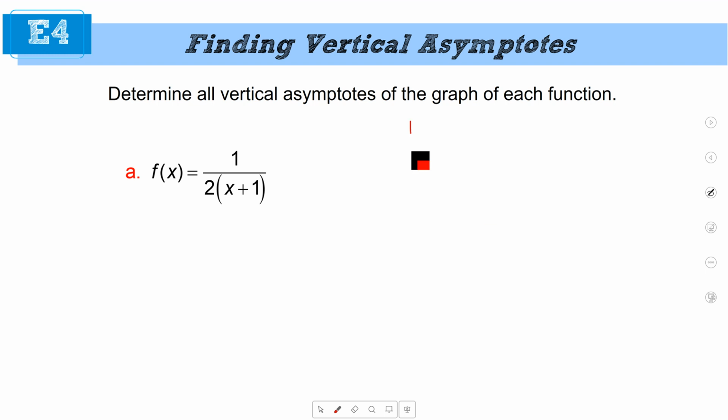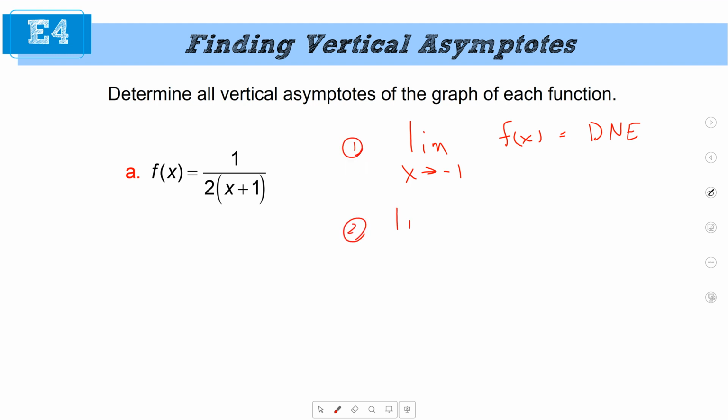Question number 1, what is the limit as x approaches -1 of f of x? The answer? Say again? DNE. It's an asymptote. Okay. That's question number 1.